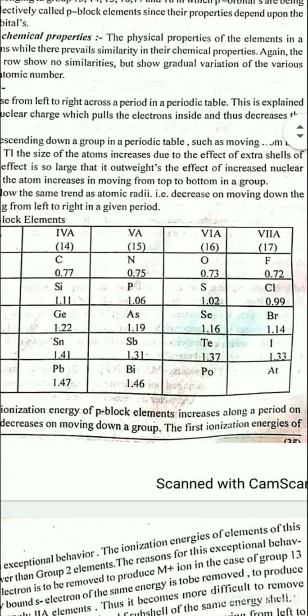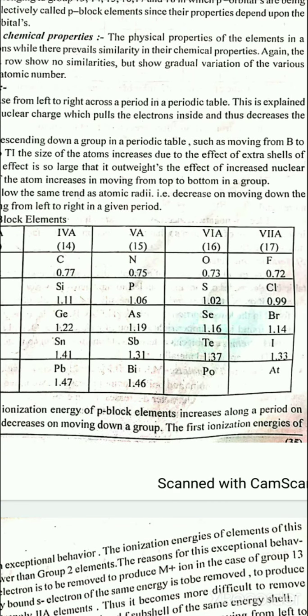When we talk about oxygen, it is 1s2, 2s2, 2p4. Atomic number is 8, and the radius is 0.73. In the case of fluorine, it is 1s2, 2s2, 2p5. So the total number of electrons in the p orbital is increasing.